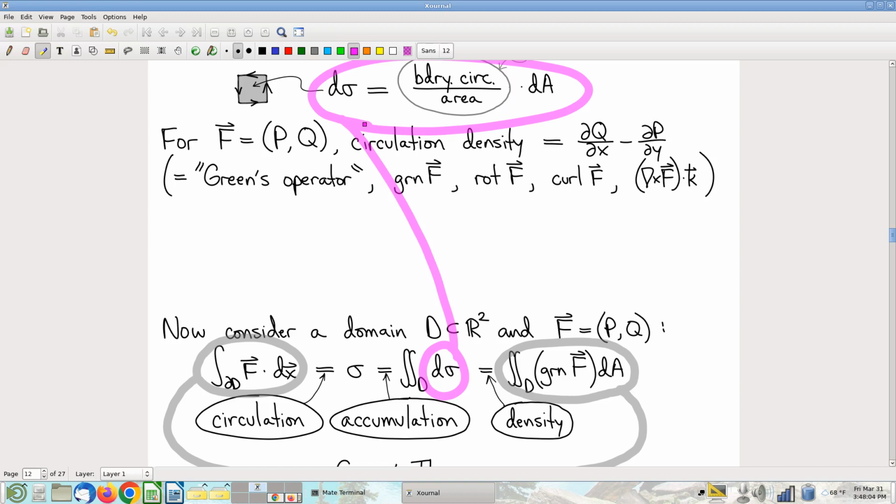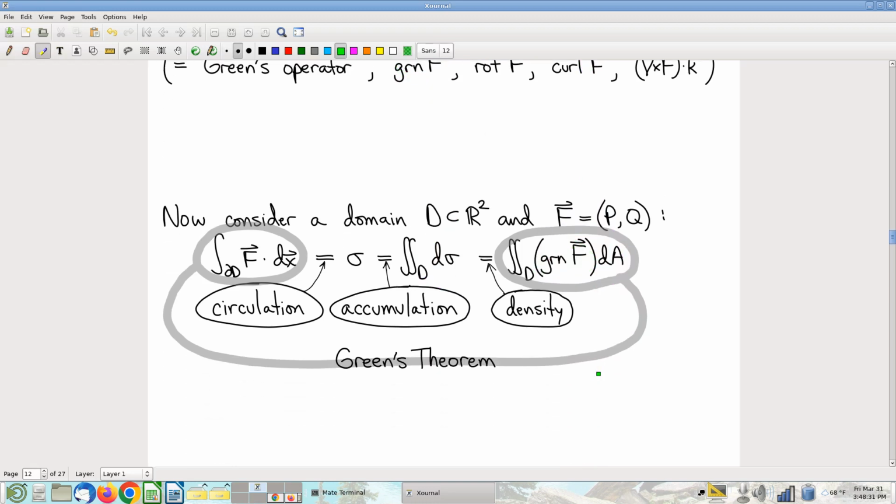It's circulation density times area. Which I put there. And for circulation density, you'll see I'm using this notation here, Green's operator, Green F.